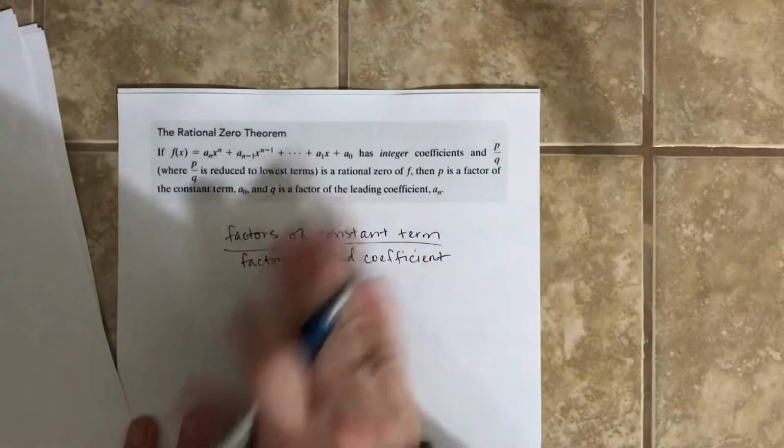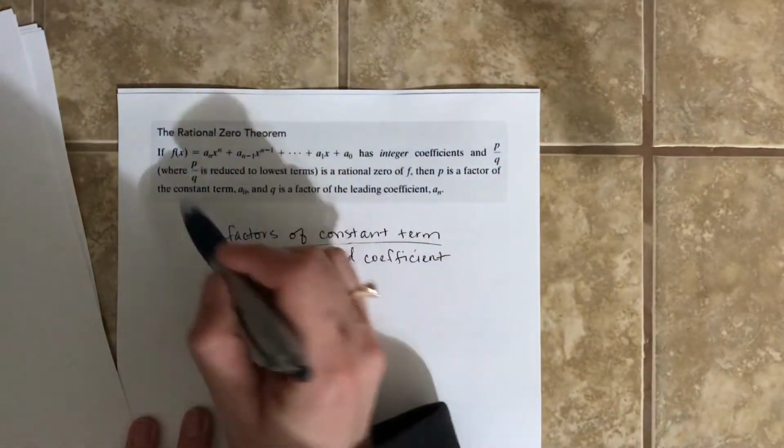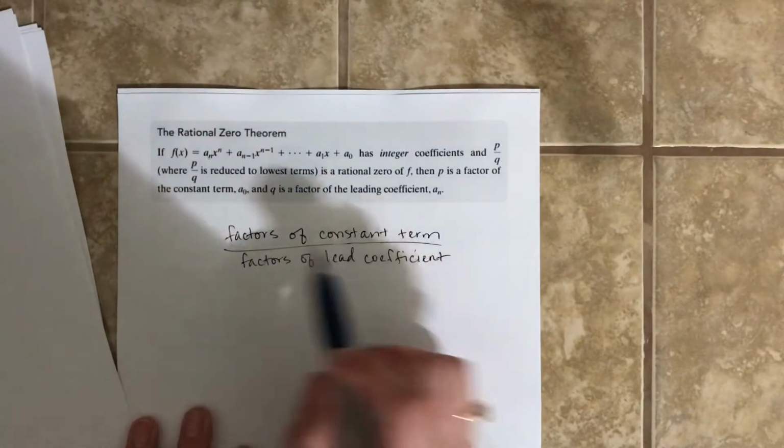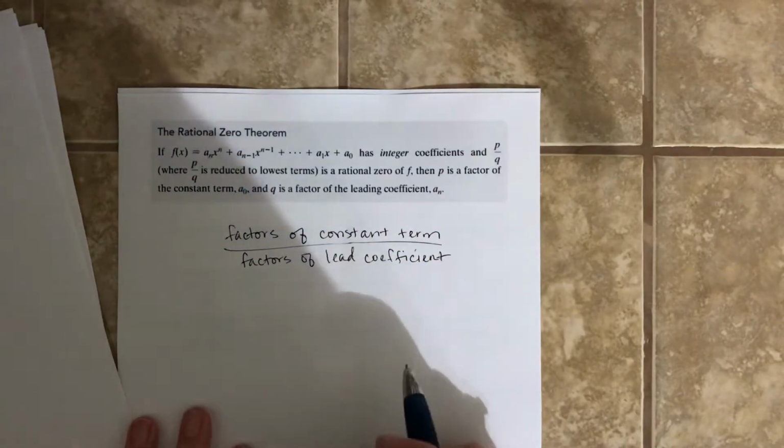And if you read this, that's what they're saying. So you look at the constant term, find those factors, look at the lead coefficient, find those factors, and then divide them in all the possible different ways. And so let's take a look at that on example 1.